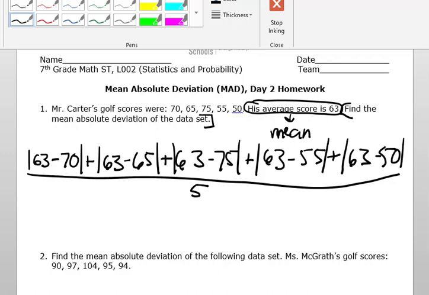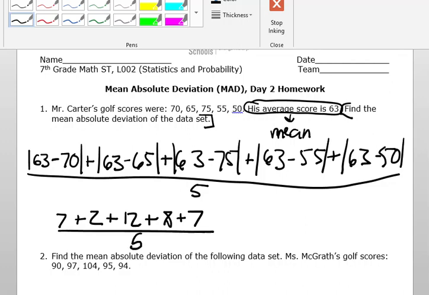Okay? So the absolute value here between 63 and 70 is 7. The absolute value between 63 and 65 is 2. The absolute value of the difference between 63 and 75 is going to be 12. Between 63 and 55 is going to be 8. And between 63 and 50 is going to be 7.